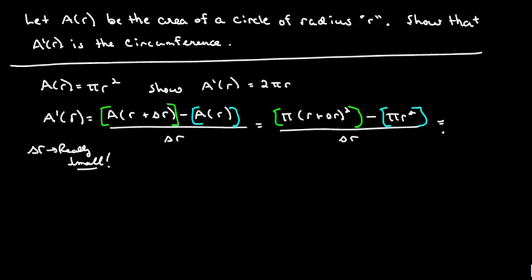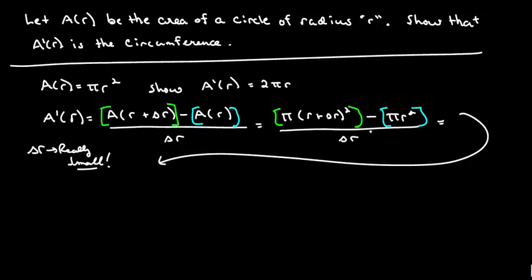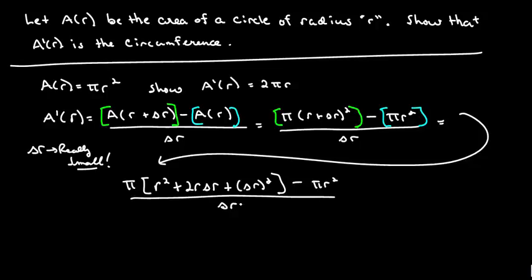Again, we're looking at delta r getting really close to 0. So what is this? This is pi times r squared plus 2r delta r plus delta r squared. That's what this is, FOILed out. Then minus pi r squared, over delta r.